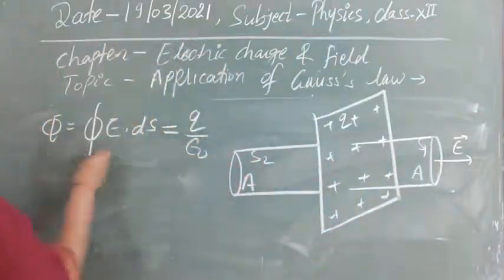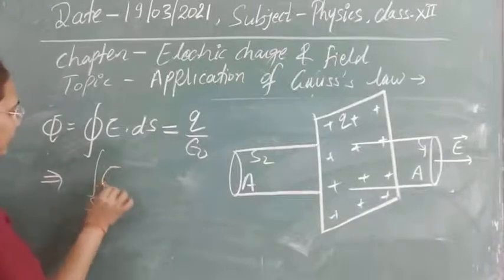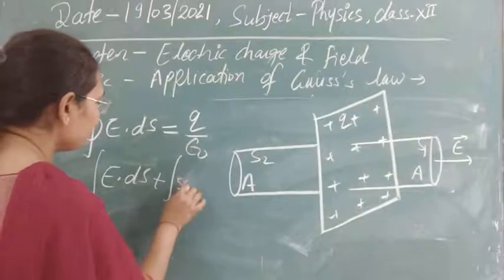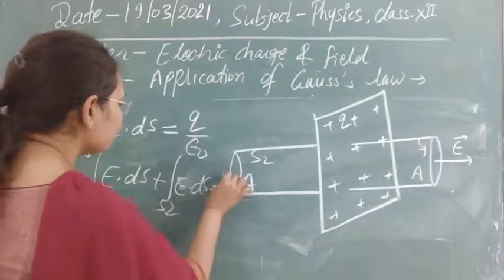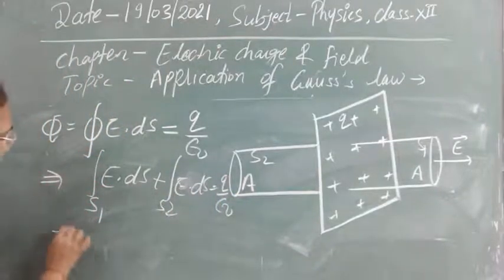So in this case you can write the integral over S1 of E dot ds plus the integral over S2 of E dot ds. This whole is equal to q by epsilon 0. Now we can solve it.